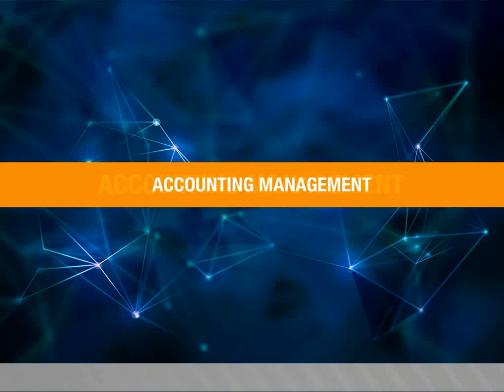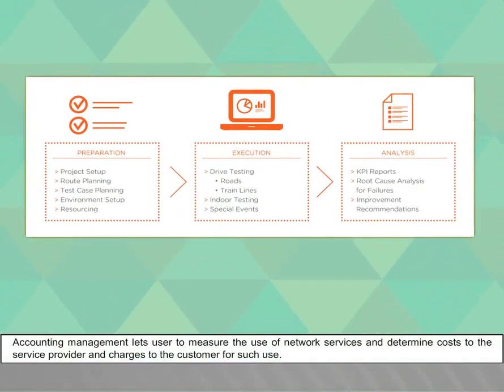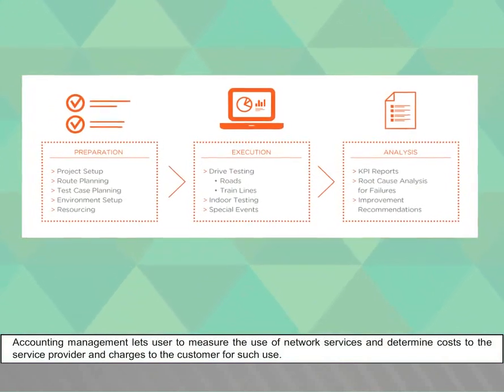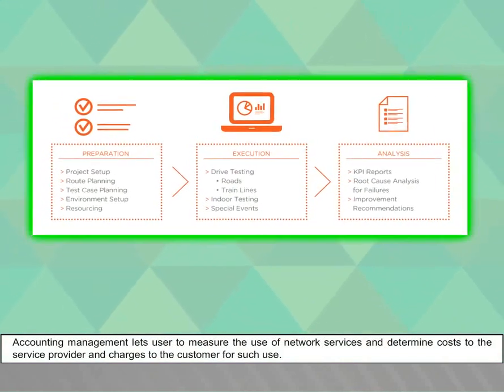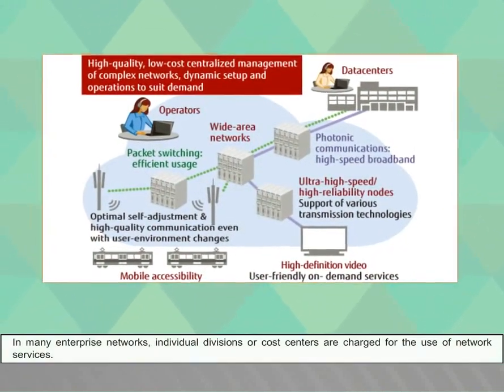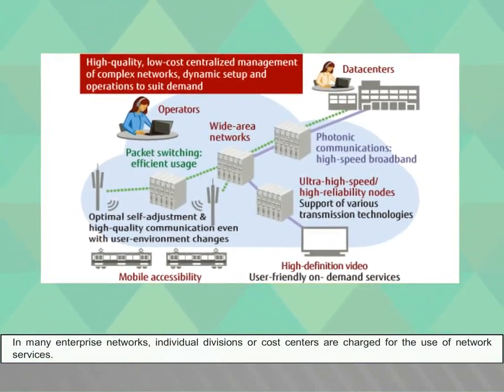Accounting management. In this video, we are going to see about accounting management. Accounting management lets users measure the use of network services and determine cost to the service provider and charges to the customer for such use. In many enterprise networks, individual divisions or cost centers are charged for the use of network services.